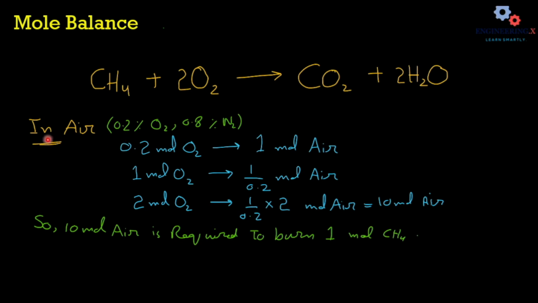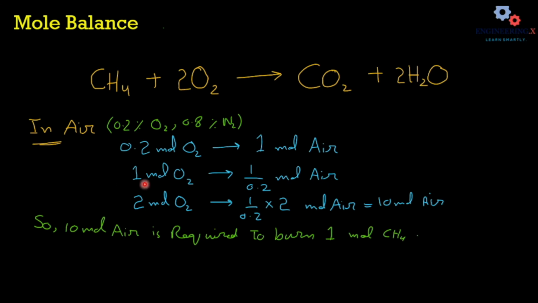Okay, so it's given that in air 20% is oxygen and 80% is nitrogen. So we can say that 0.2 mole of oxygen will be present in 1 mole of air. So 1 mole of oxygen will be present in how many mole of air?